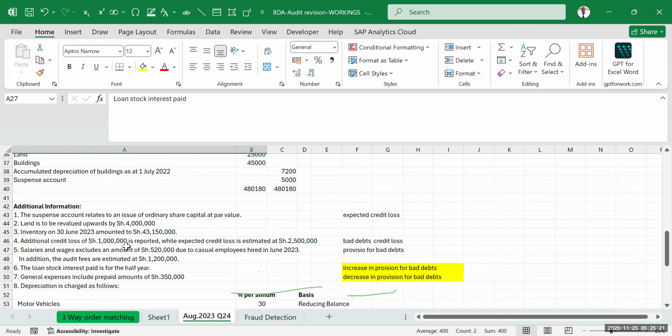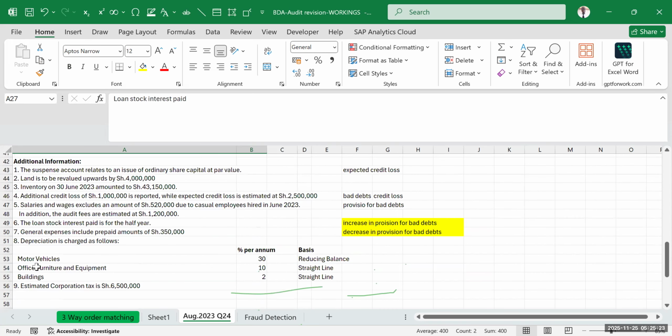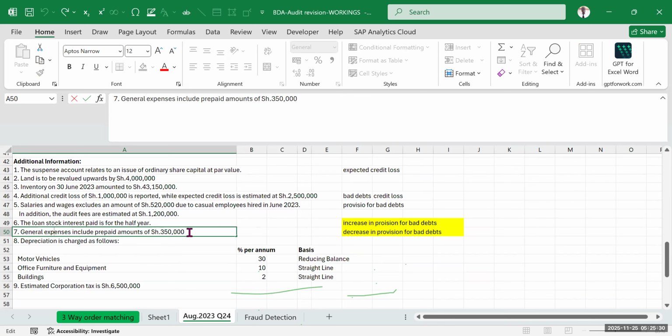We're going to see that adjustment in a short while. Then number 7, general expenses, which we are told includes prepaid amounts. Now, when we have a prepayment, how does a prepayment affect your income statement or statement of profit or loss, and again your balance sheet? We should be able to relate because it's not a difficult concept at all.